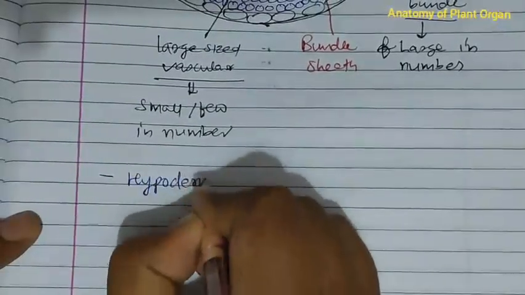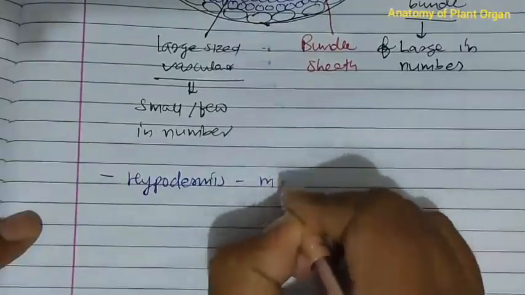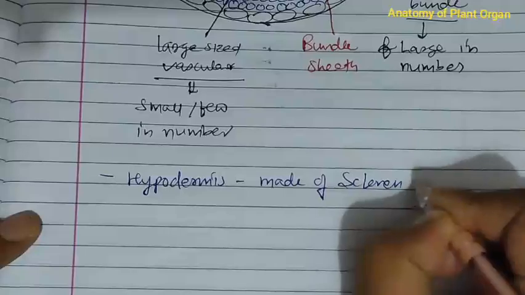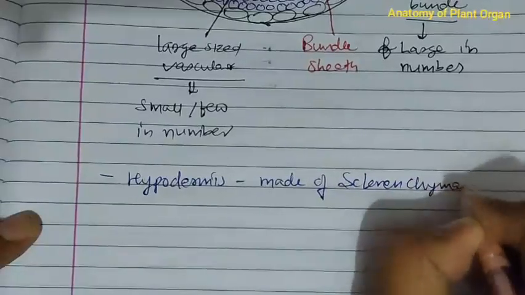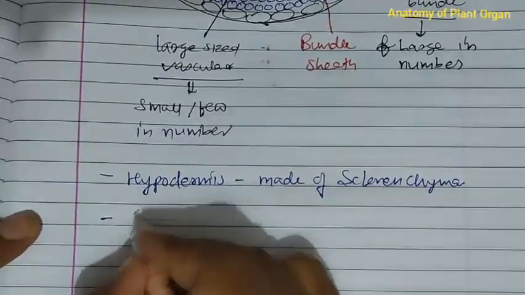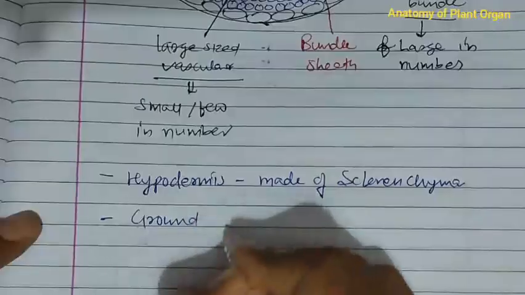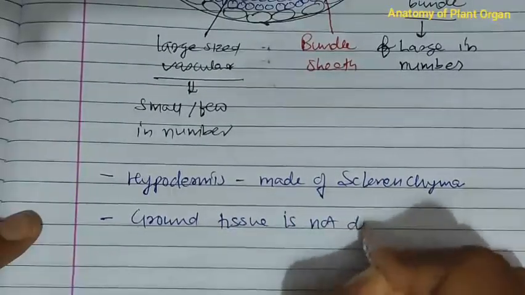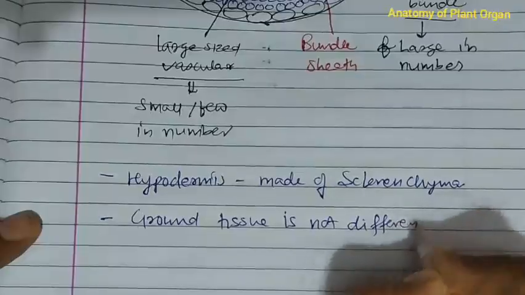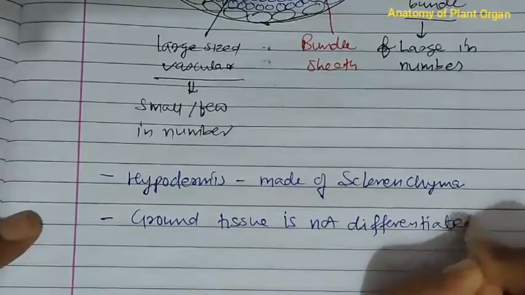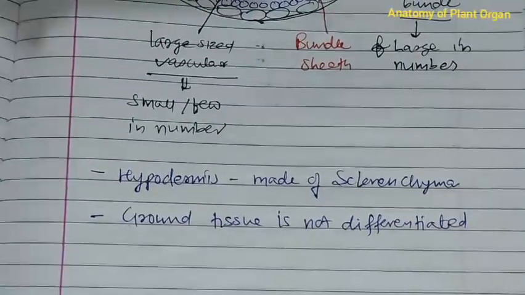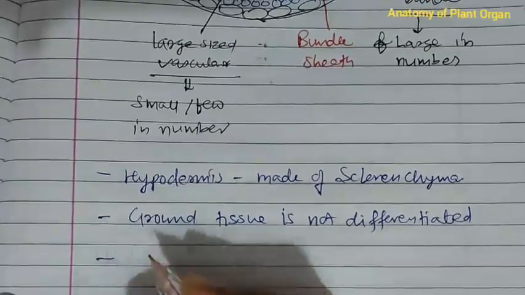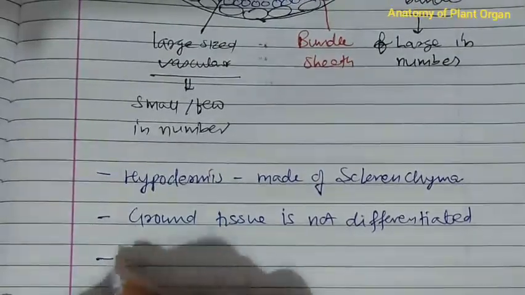So if we note down the characteristics based on this diagram of the monocot stem, we found that hypodermis is made of sclerenchyma cells. Now inner to that, ground tissue is not differentiated into cortex and endodermis, sorry.